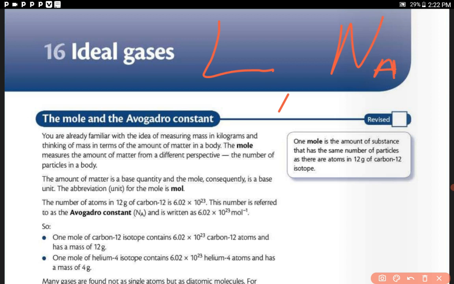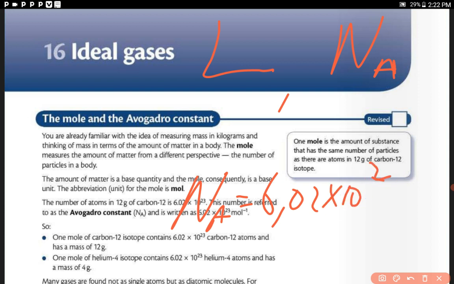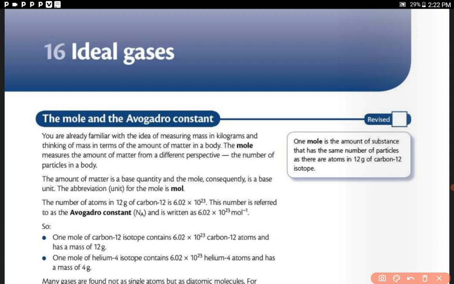The Avogadro constant is numerically equal to 6.02 times 10 to the 23rd per mole. It is defined as the number of particles in 1 mole of a substance.